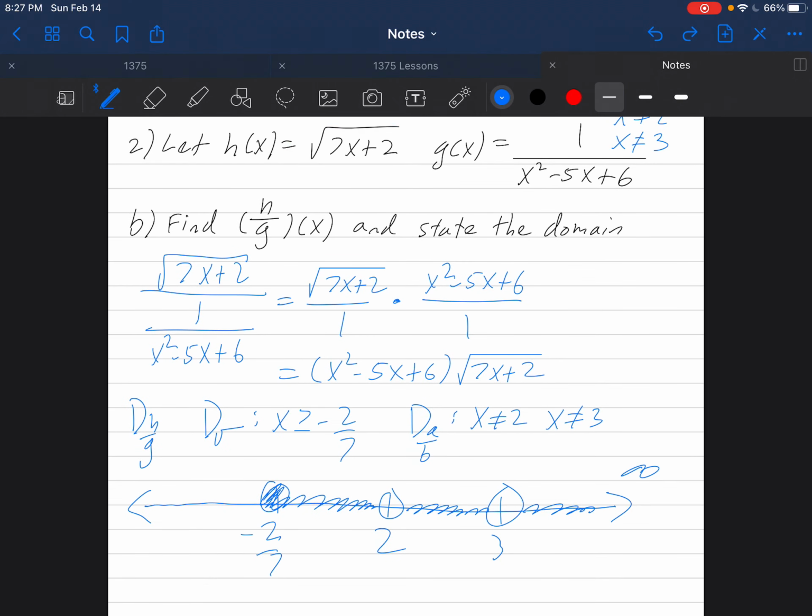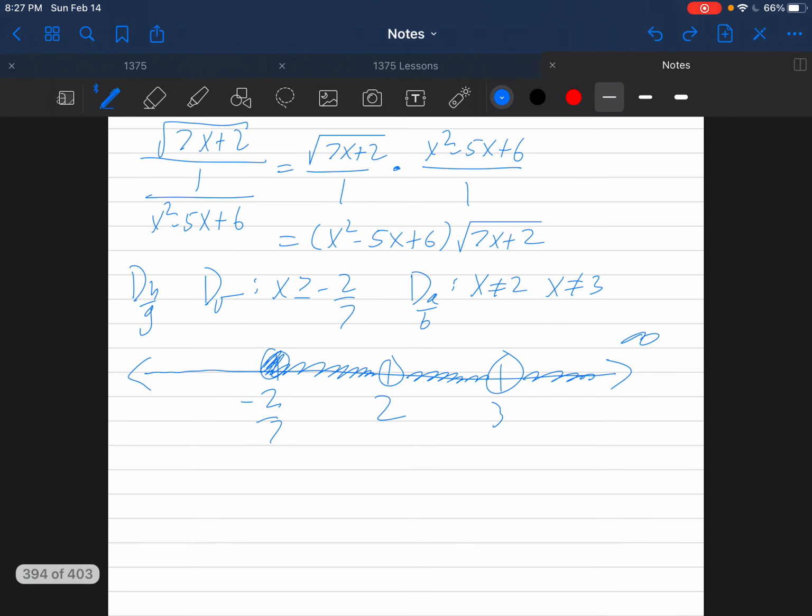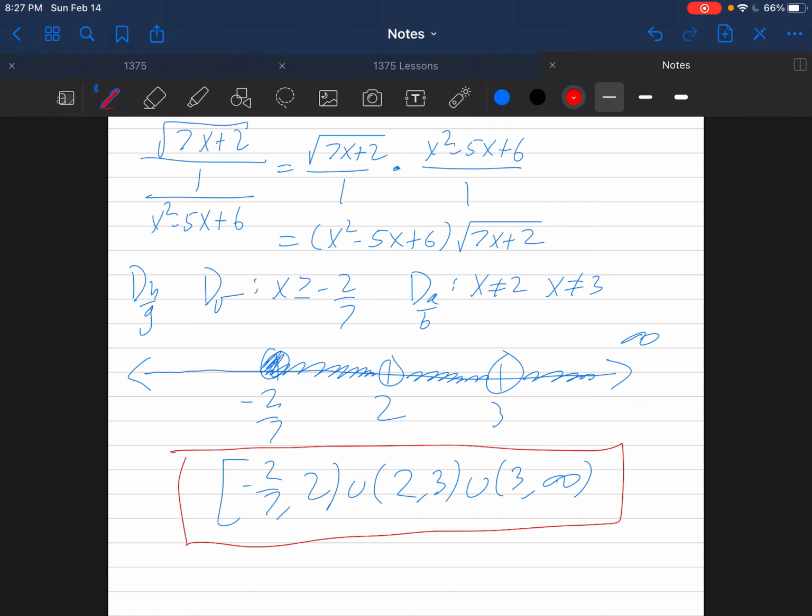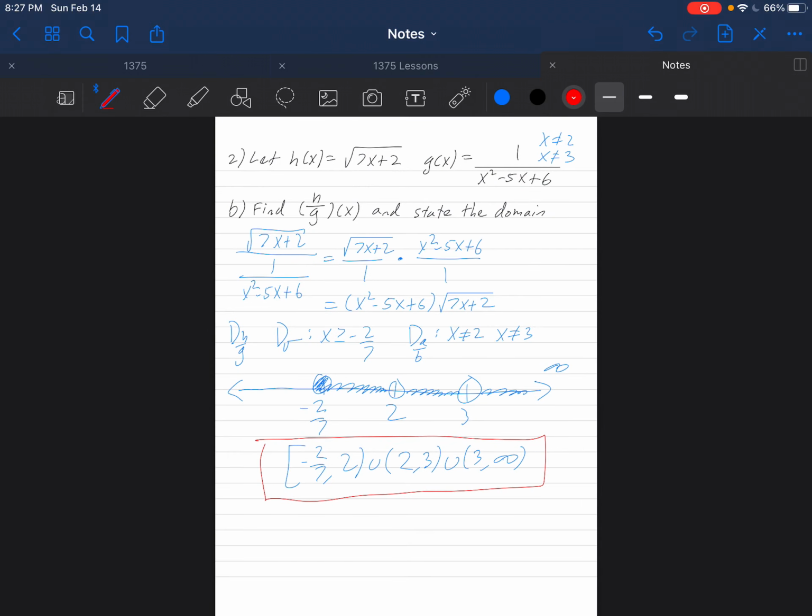So we don't have to do that double work. But if this radical does turn out to be different, then you do have to find that separately, right? So again, negative 2 over 7 up to 2, union 2 to 3, union 3 to infinity.